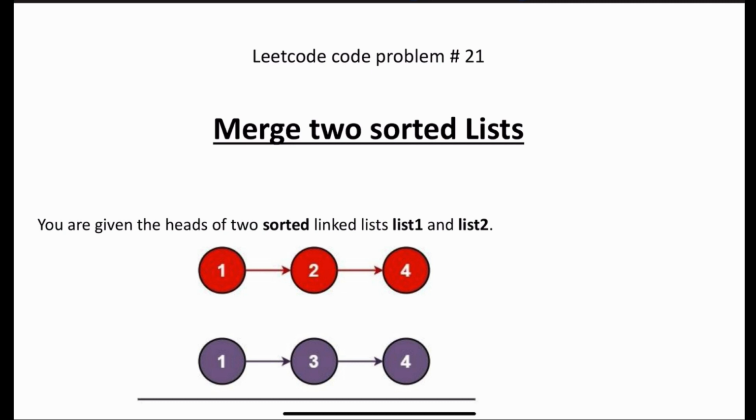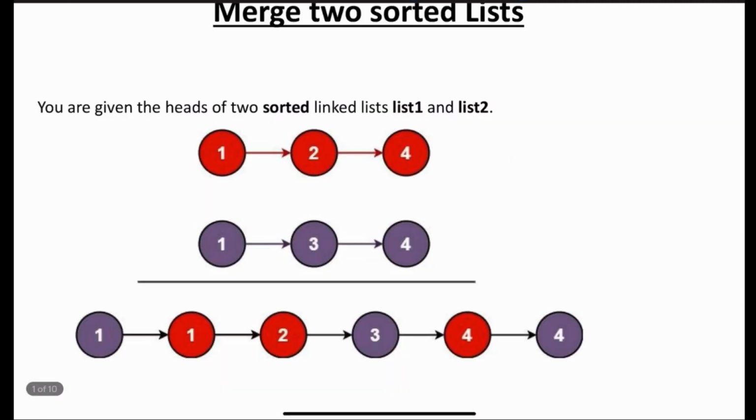In today's video, we will solve a new problem from Leetcode, which is problem number 21, which states merge two sorted lists. In this, we will be given the head of the two sorted linked lists, list 1 and list 2. So here you can assume that this is your list 1 and this is your list 2.